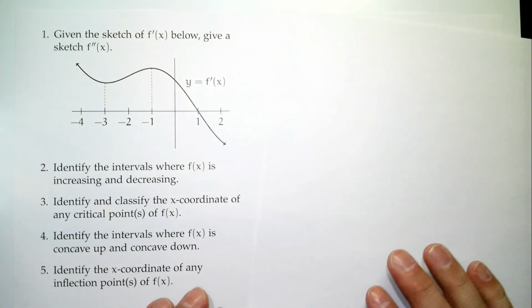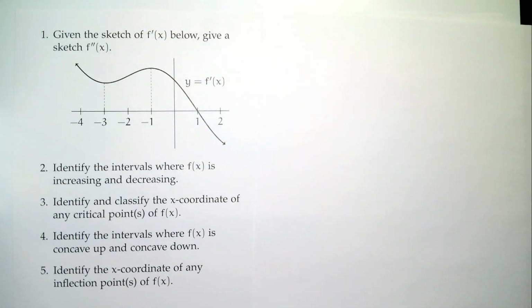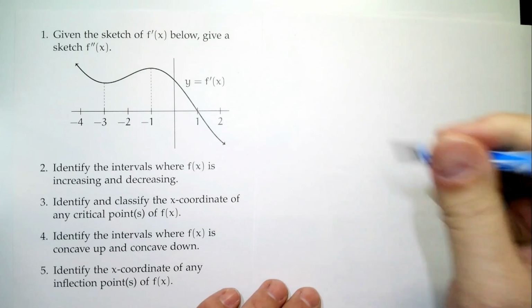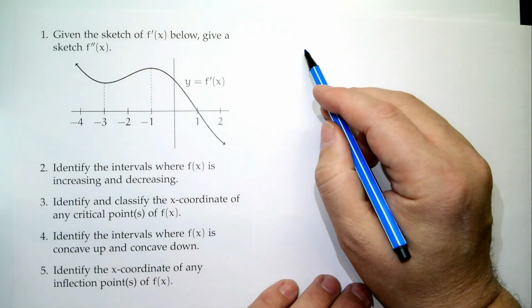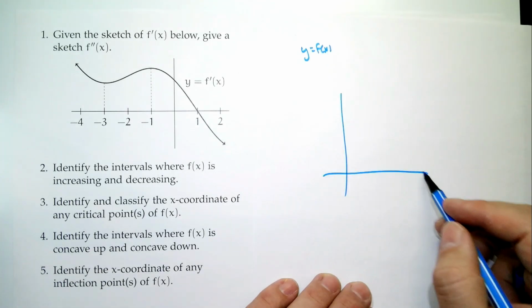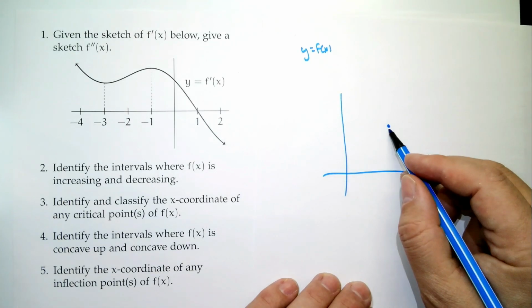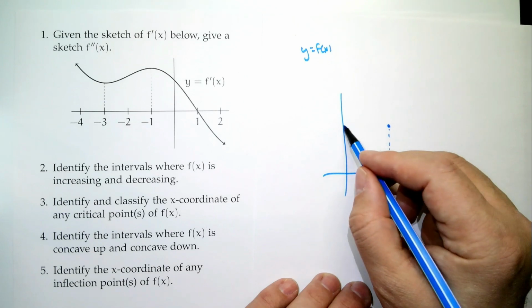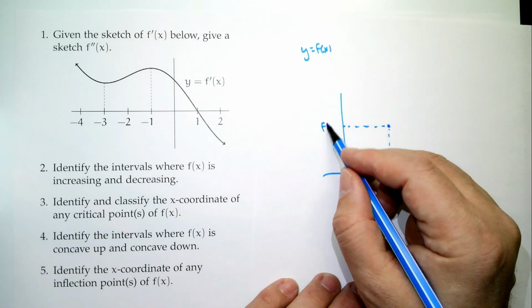So here's an idea of sorts. If I have a curve y equals f of x, then at my point, I have a, and I have f of a.